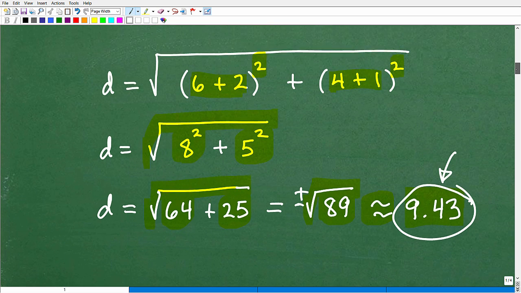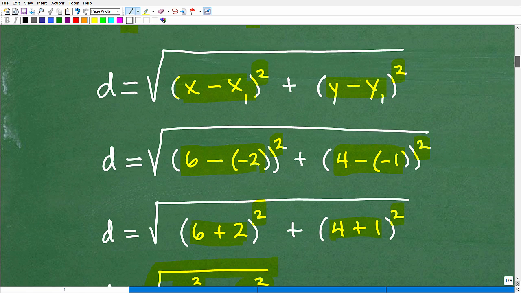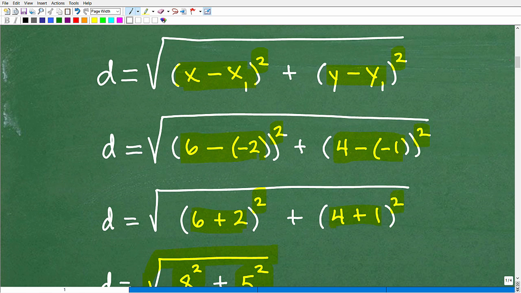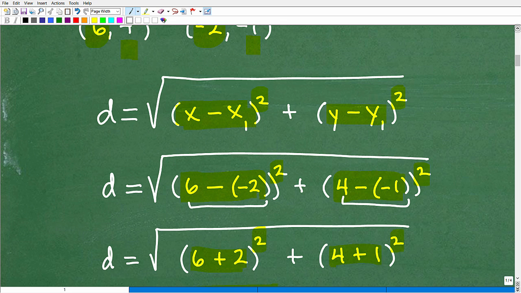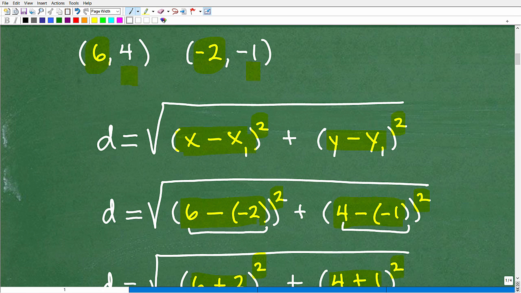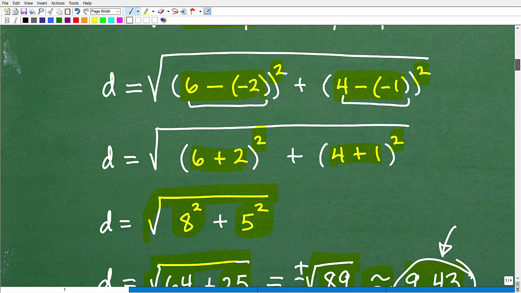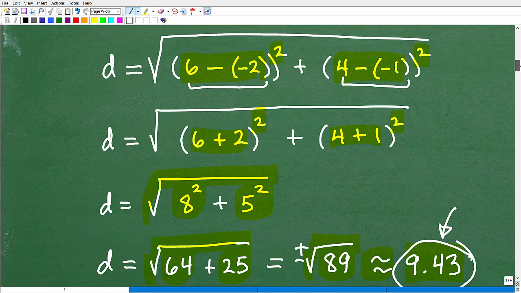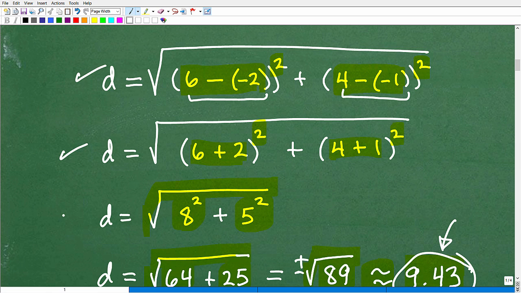I think where students struggle, one, they get intimidated by the formula, and they make these little arithmetic errors here, especially when there's negative coordinates involved in these points. So just be careful with the math and work your problems step by step by step. Okay, you got to show your work. That's huge.